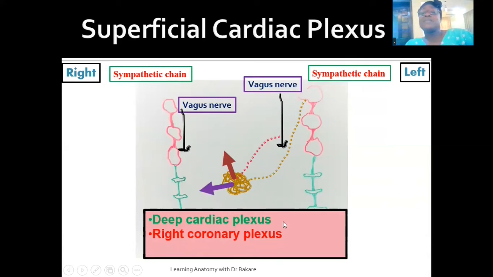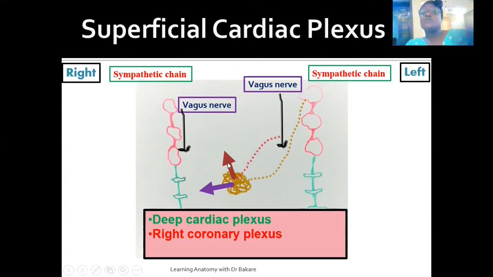Remember, we talked about the right coronary plexus at the beginning of this lecture. We said that the cardiac plexuses give branches to form the coronary plexuses. Both the superficial and the deep cardiac plexus, as their names imply, are located in the superficial and deep regions of the heart. They also give supply to form the coronary plexuses, which are located on the right and the left side of the heart.